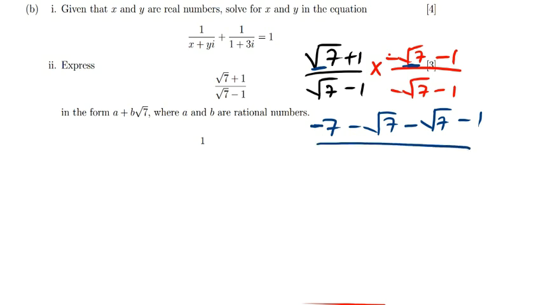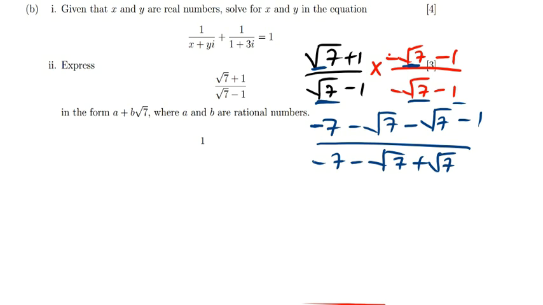The down part, I'll have this times that, I'm going to get also negative 7. Then negative 1 times this one, so negative and negative will give me positive the square root of 7.